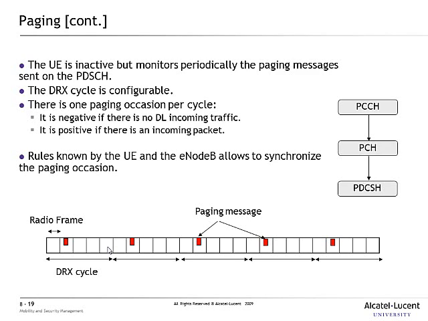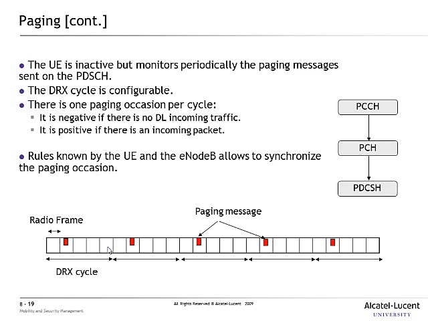So as we said, even when you are in the idle state, the first thing you do is you always look out for the paging messages, which are sent on the PDSCH channel, and those are sent in a specific position. So the UE knows that paging messages are sent in this particular cycle, in this particular position of the resource block, and it monitors that.